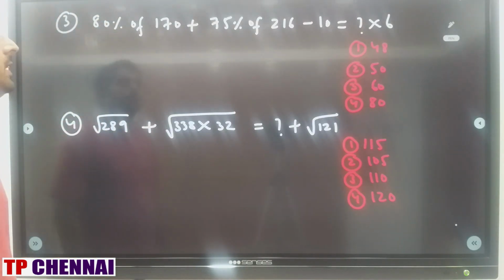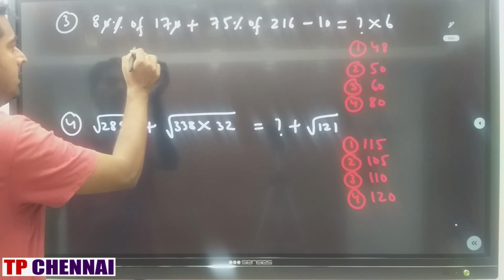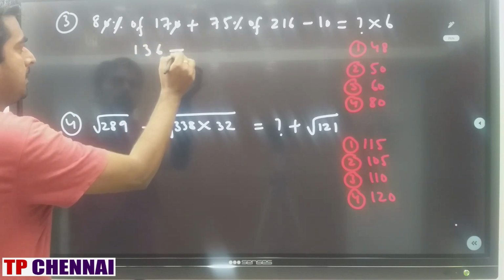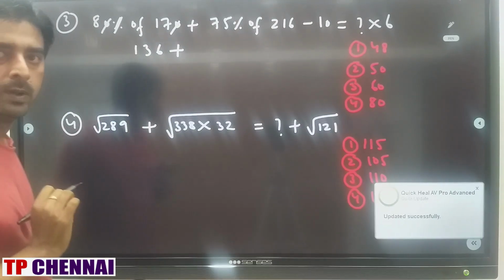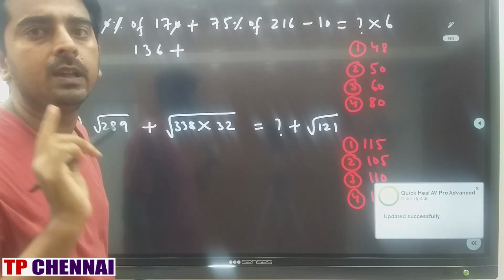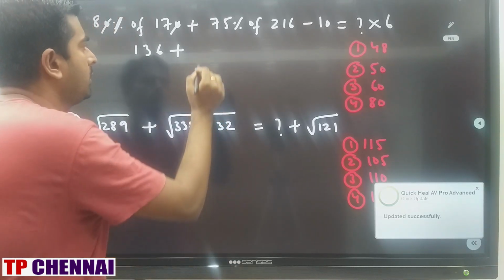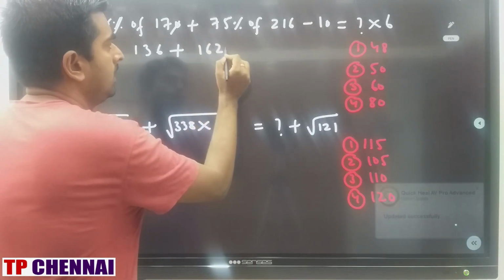80% of 170 plus 75% of 216 minus 10 is equal to question mark into 6. So first percent and double zero will go. What is 17 8s are? 136 plus 75% of 216 is 50% plus 25% of 216. What is 50% of 216? 108. 25% is 54. 108 plus 54? 162.